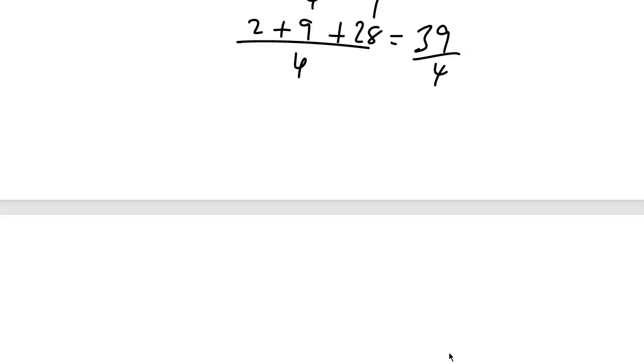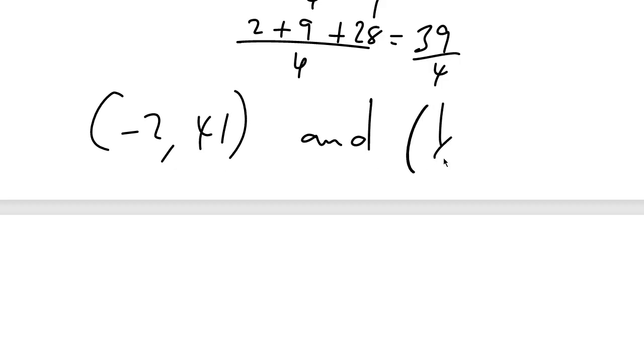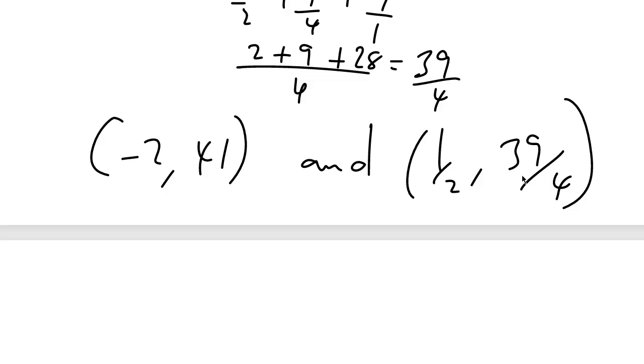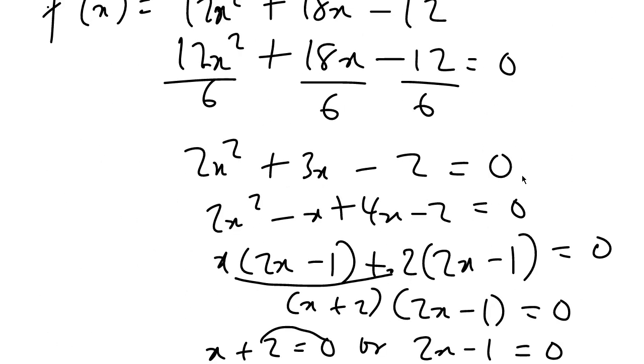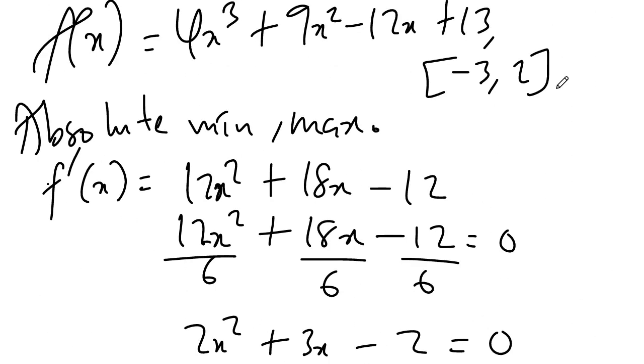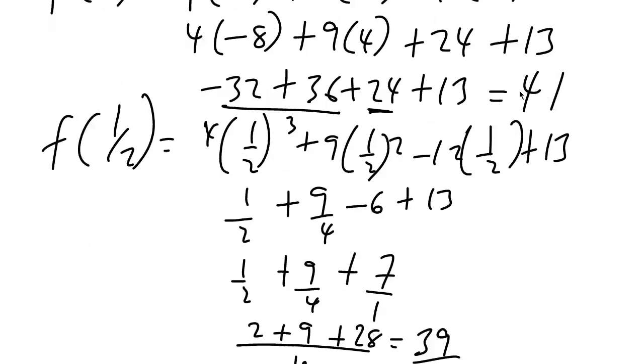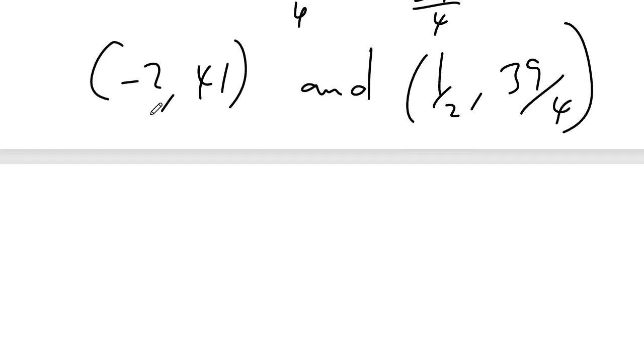So you can see that at the critical point at -2 we had 41, and at half we had what, 39 over 4. You keep that aside, move to the end intervals, and in this case the end intervals are -3 and 2. So substitute these end intervals into the original function.